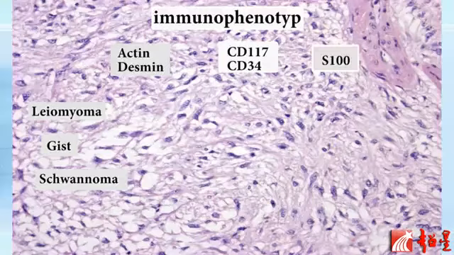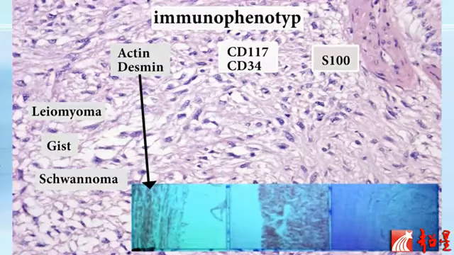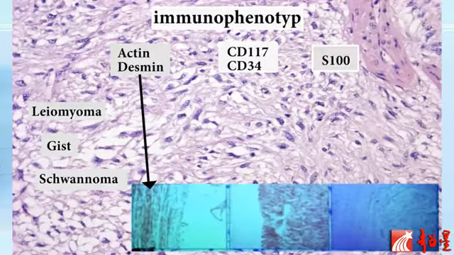It is distinguished from leiomyoma and schwannoma. Here you can see actin and desmin positive, the brown staining.